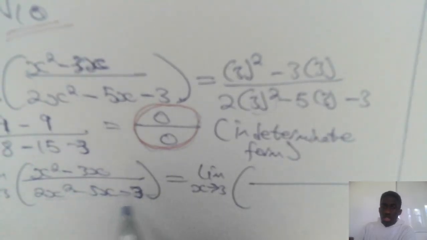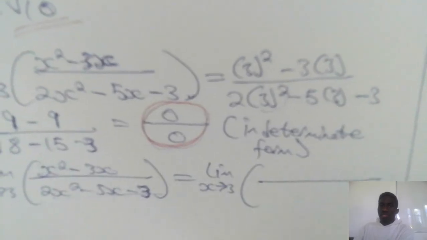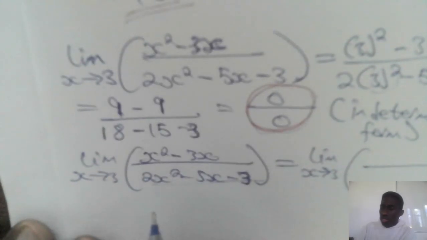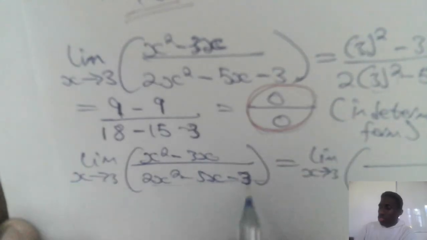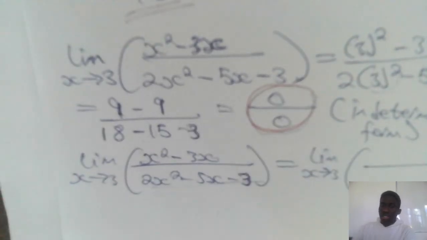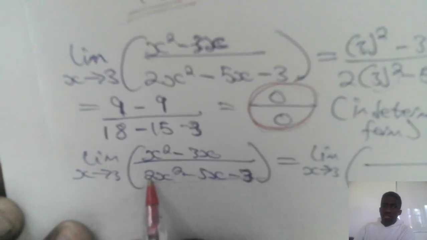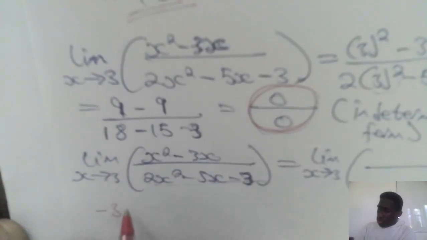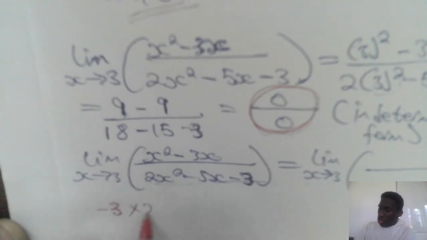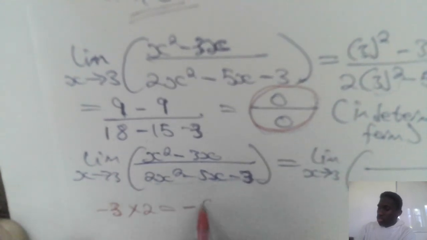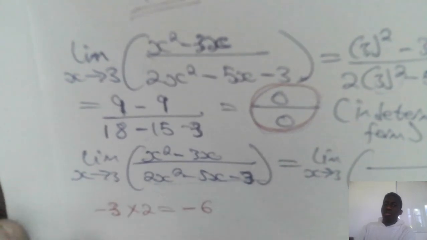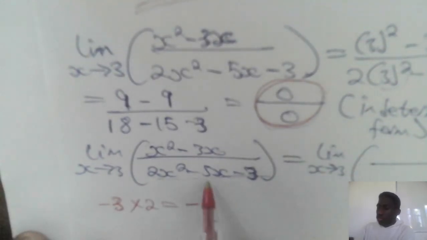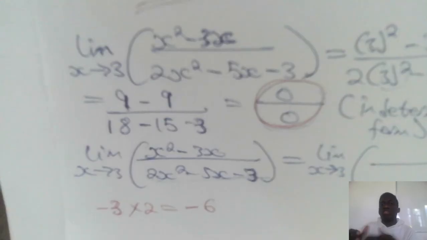So if I were to factorize this, what would we get? As usual, to factorize an equation like this, we multiply the last term and the first term. So minus 3 multiplied by 2 is minus 6. Then we list the factors of minus 6 that, when we add them together, give us minus 5.